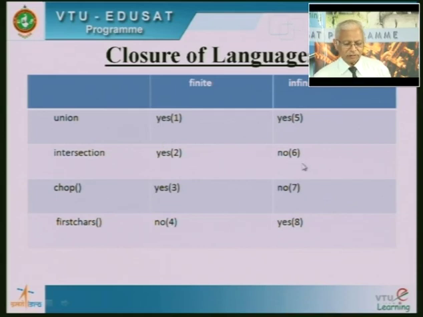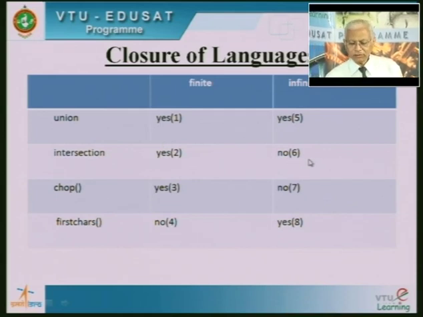For intersection, I have given an example wherein it is not infinite, it is finite. Similarly, with chop, it will not be infinite, it will be finite. Finite means it could be epsilon also, it could be the empty string also. The first characters will be infinite in case of an infinite language. In finite cases it cannot be infinite, it has to be a few representative values, therefore it cannot be infinite.